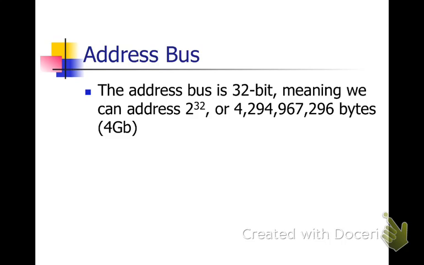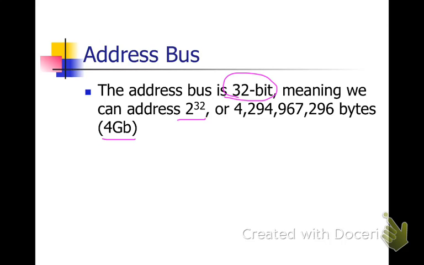All right, the address bus. 32-bit for our machine. For you guys, if you have 64-bit machines, just kind of go up from there, okay? This is important, though, because if the address bus is 32-bit, it means we can address 2 to the 32, or about 4 gigabytes of data. That means if I have more than that in RAM, I can't use it. Oh, that's horrible.